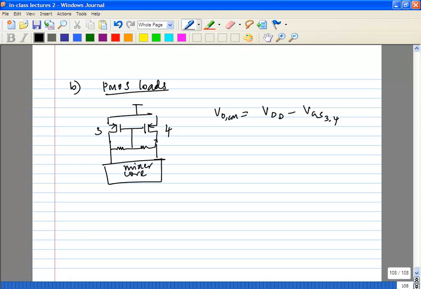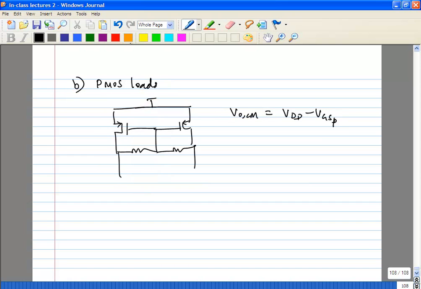Okay, so let's say even this is not good enough. So the third thing we'll see is with some kind of common mode feedback.